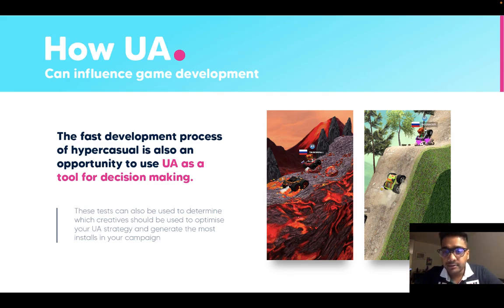This helped our partner studio set up a game development direction. Running these sorts of tests made us realize that a simple change of a background, the size of the characters, the zoom of the camera, all these kinds of things can have a drastic impact on your KPIs.